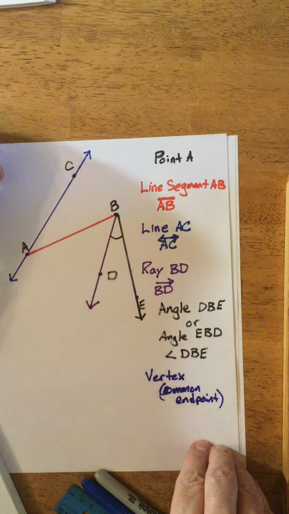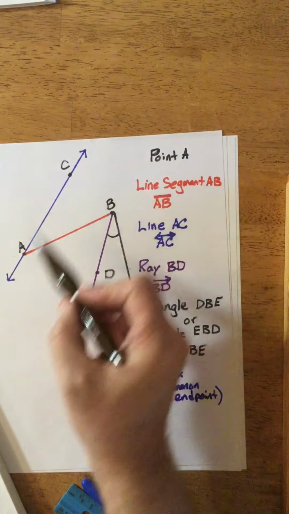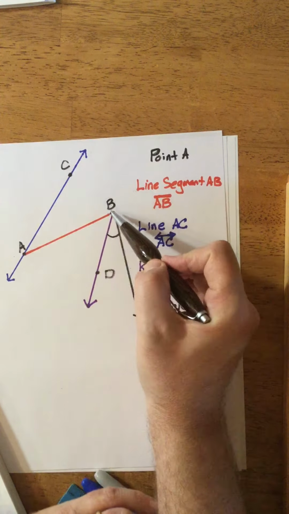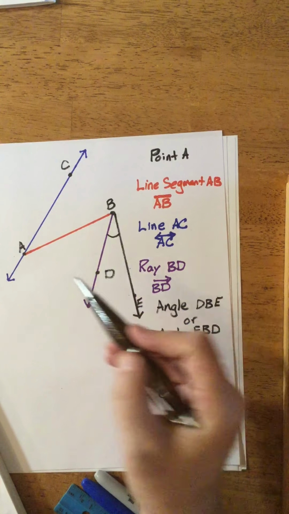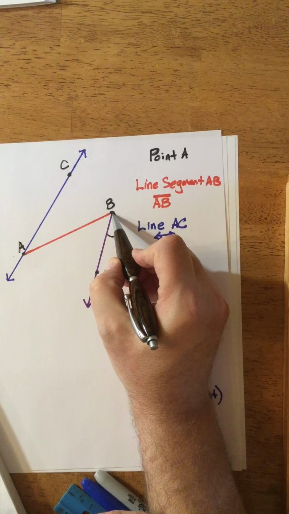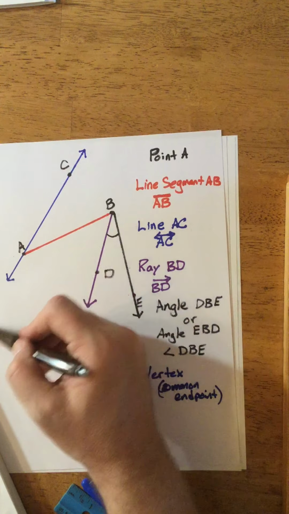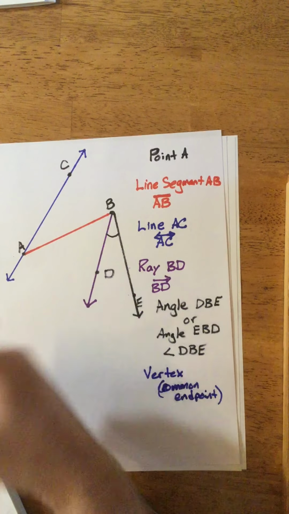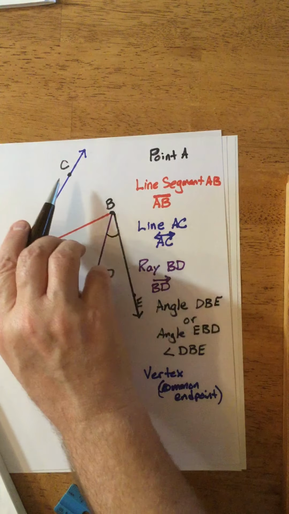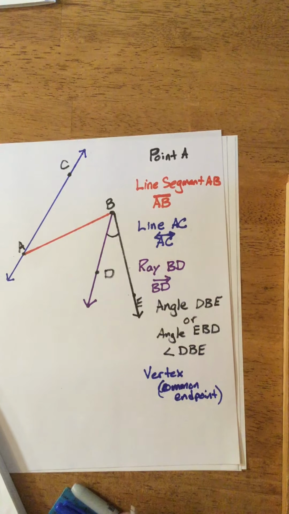So again, let's review. We have point A. A point is a very specific place. We have a line segment. It has a beginning and it has an end. We have a line where it has no beginning. We would say this has no beginning because it's going to go on forever in one direction, and it's also going to go on forever in the opposite direction. And that's important that they are in opposite directions.